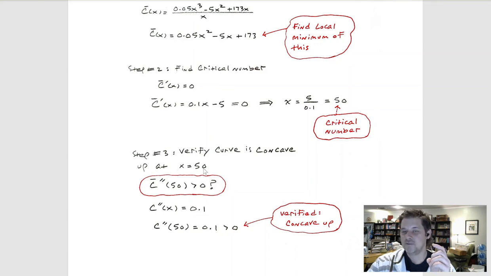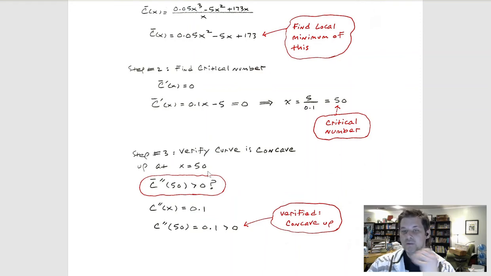To be concave up is the same thing as the second derivative being positive. So I need to find the second derivative of the average cost and plug in 50 to see if that's a positive number. If it is, then the curve is concave up at 50, and 50 is where the minimum is.